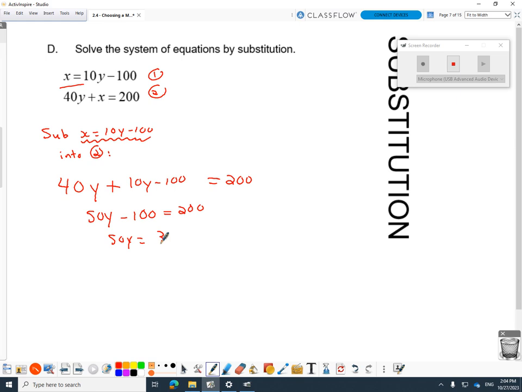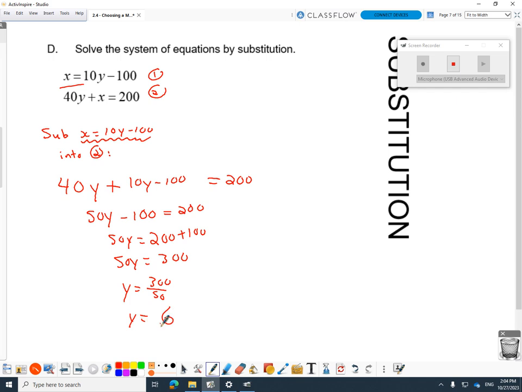Oh, I almost skipped a step there. Geez, maybe I am rushing it on a Friday. Slow down. Opposite of multiply by 50, divide by 50. And 300 divided by 50, do I need my calculator for that? 6, he says.